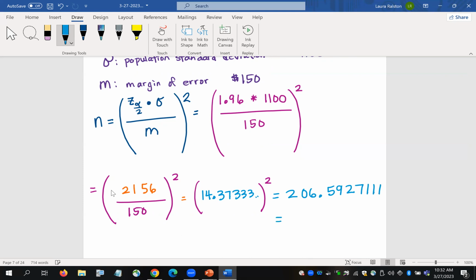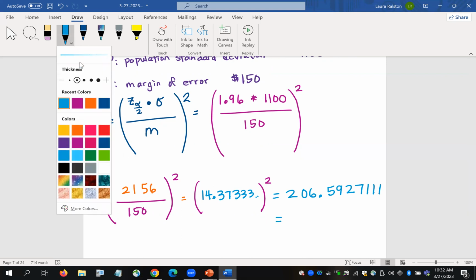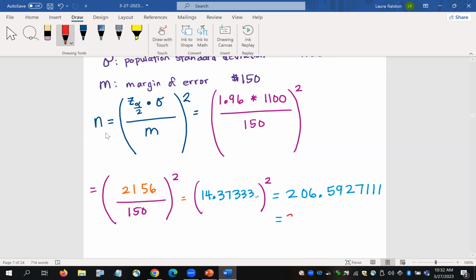Okay, again, for the sample size estimation, you will always round up. So I should round this. I would need 207 items in my sample to ensure that I have a margin of error of $150 for the 95% confidence interval.